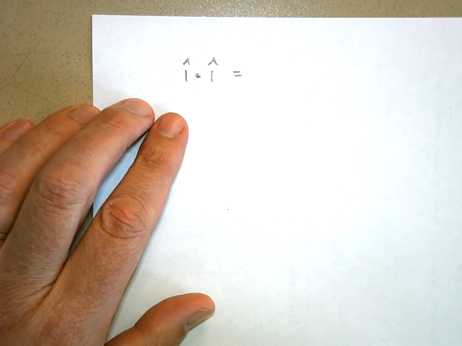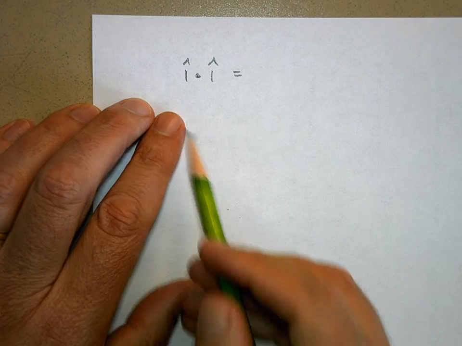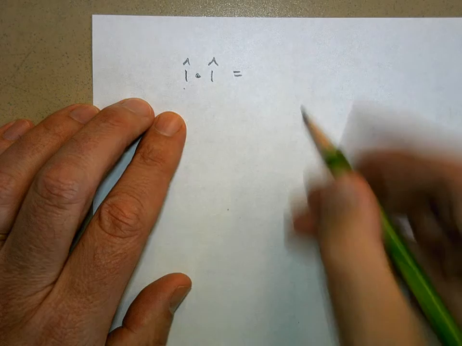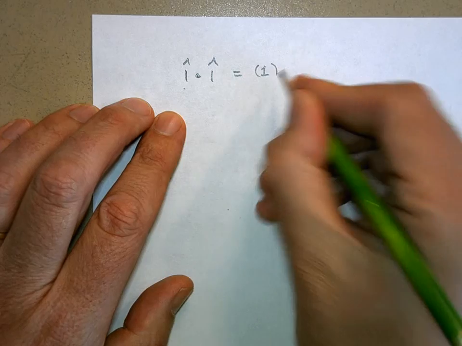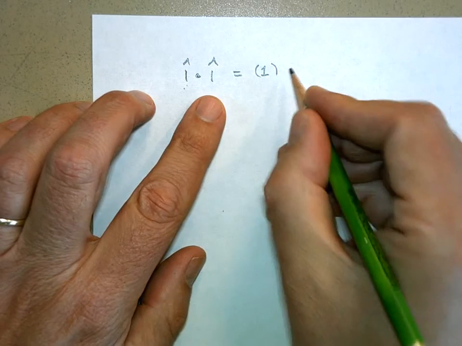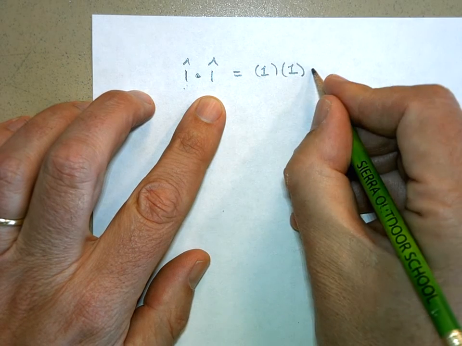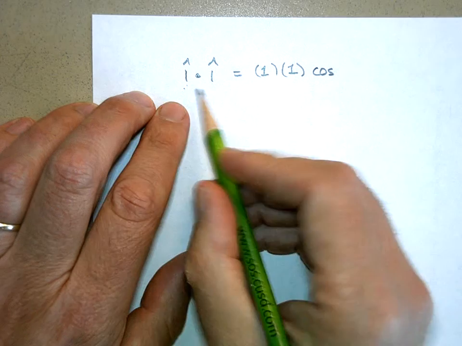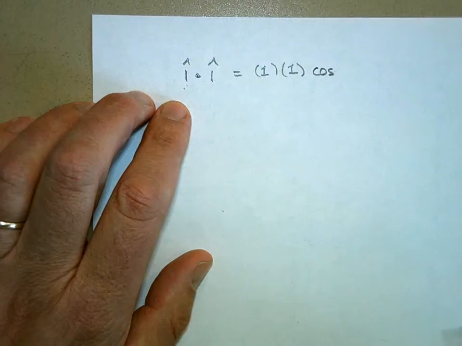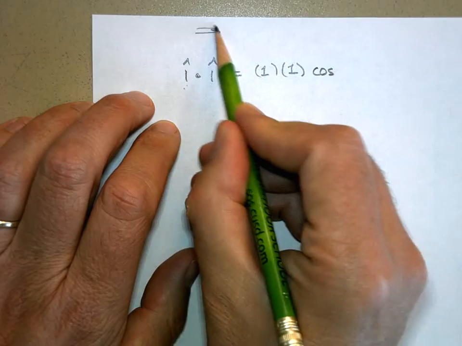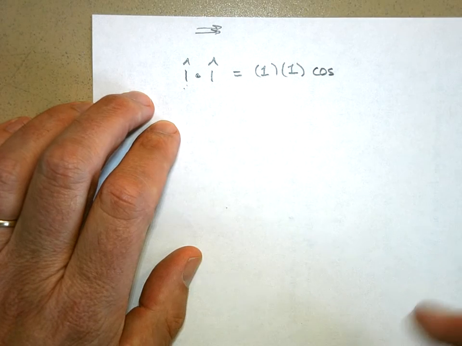Yeah, it's going to be equal to 1. Because what is the magnitude of any unit vector? 1. That's why they call it a unit vector. So this is 1 times 1. And what is the angle between i hat and i hat? This is pretty easy. What's the angle between this and this? Yeah, it's 0 degrees.